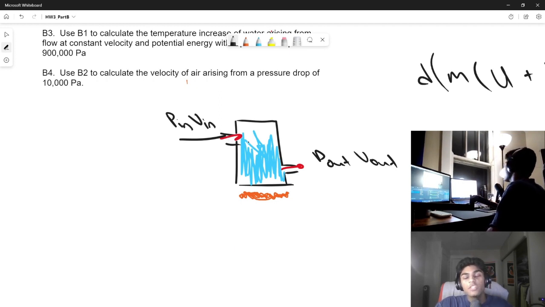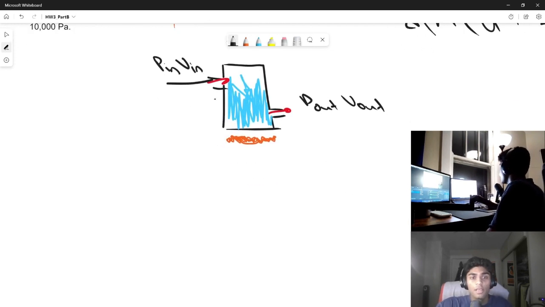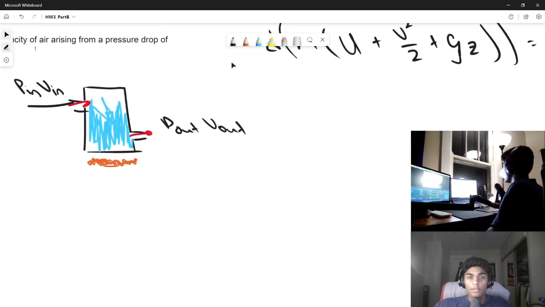However, to be injected into the system, there needs to be some sort of pressure behind it, and this pressure is going to be spread over that volume. So if we were really to look at this inlet here, we have an expression that looks something a little bit like this: pressure in multiplied by the differential volume at the inlet.